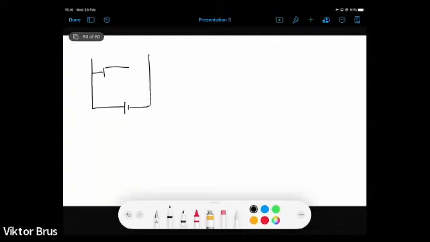Here we have one resistor, and here is one more. Let's consider that this battery provides potential difference at terminals delta V. So here we have say R1, delta V1, R2, delta V2.